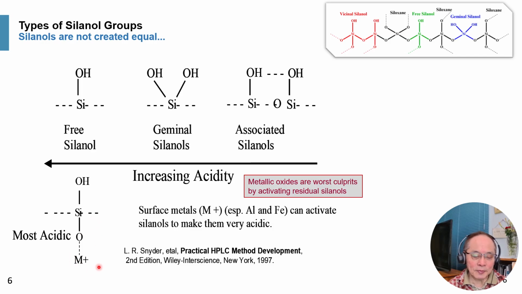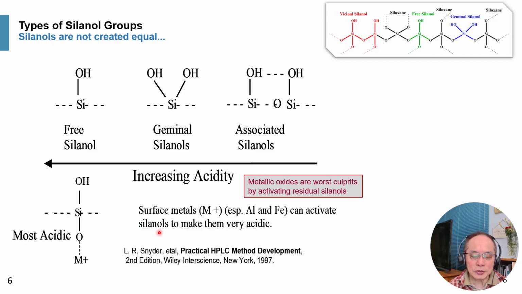Now it turned out that metallic oxide in the silica material causes the silanol group to be highly acidic, because the lone pair on the oxygen can be delocalized into the empty d orbital of the metallic atoms. So that actually became a really important issue.